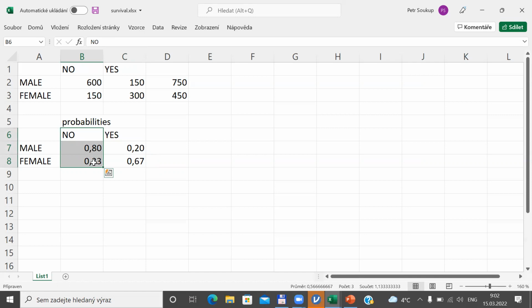We are in statistical computations, so sorry for that. I would be computing odd, so that's why I'm typing odd here. And once again, it is the ratio 0.8 divided by 0.2, and for female 0.33 divided by 0.67.